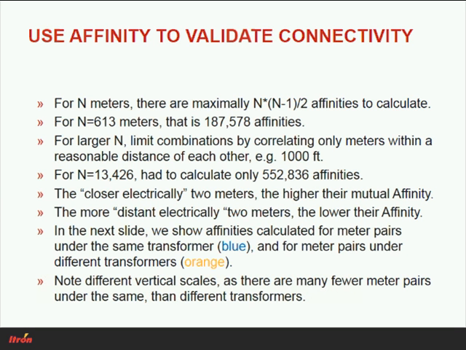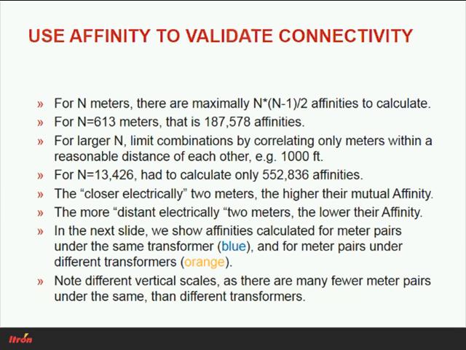In the case of another data set that we've recently looked at, which has 13,400 and change meters, we only have to calculate 552,000 affinities, which for the computer takes almost no time at all. The data set was about a month long. It's not clear that it had to be a month long, but that was a convenient time.